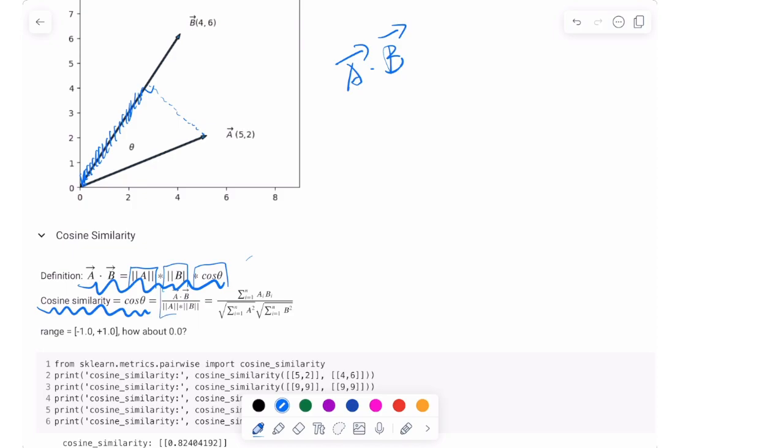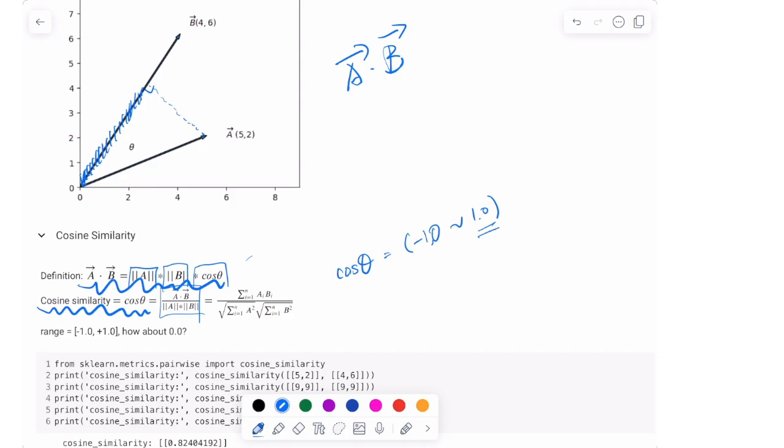The range of cosine theta is between -1 and 1.